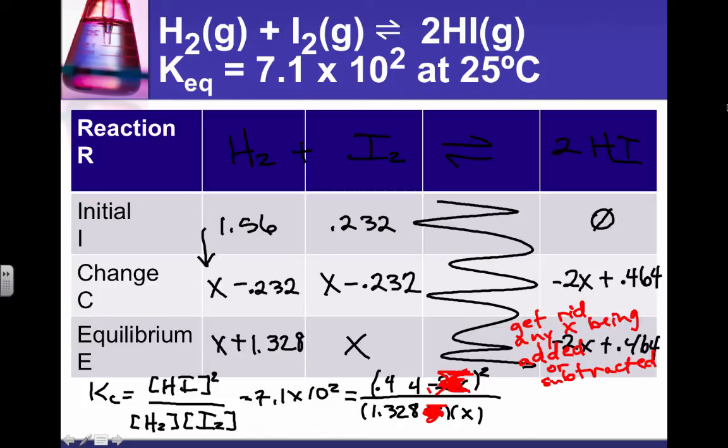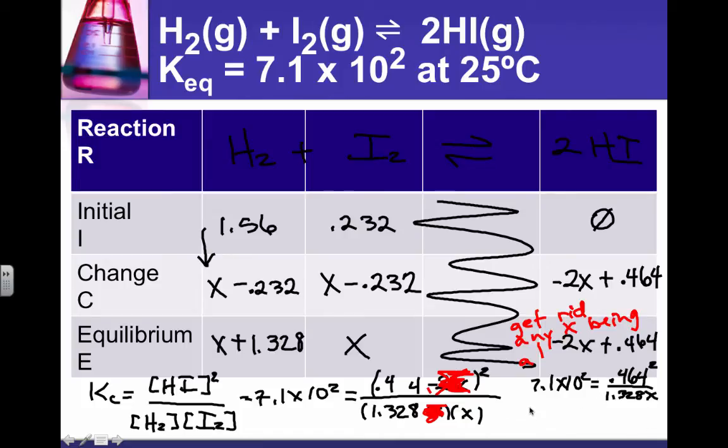Look how I can simplify this algebra. So I get 7.1 times 10 to the second is equal to 0.464 squared divided by 1.328 times x. How do we solve for x? Well, we use algebra.